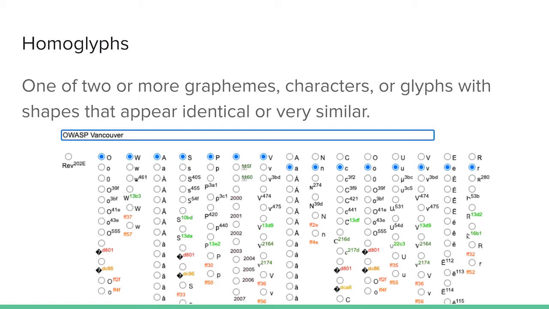I'm from Russia, so this is dear to my heart, because in the Cyrillic alphabet we have letters that look exactly like the Latin letters, but they are different letters. If I change this A to a Russian A, it will look the same, but it's a different string.